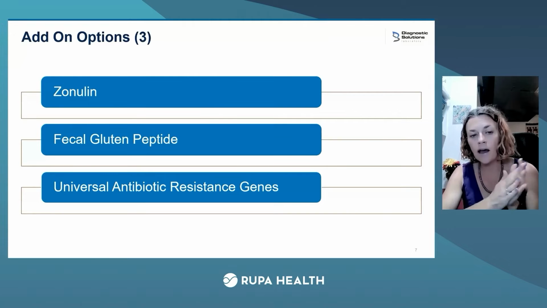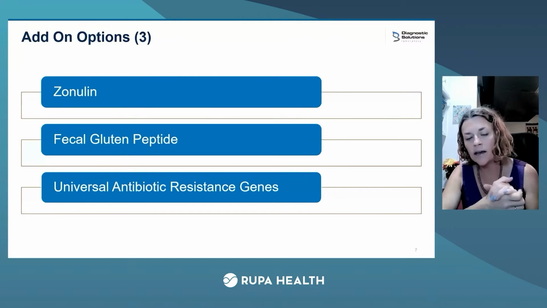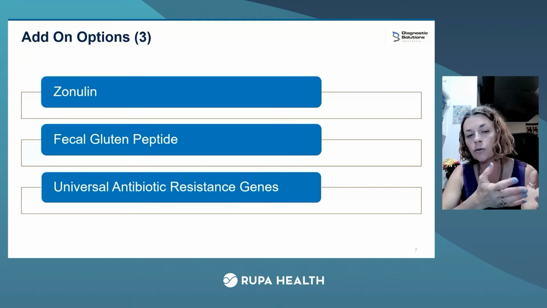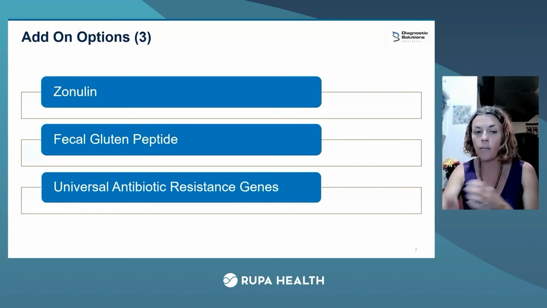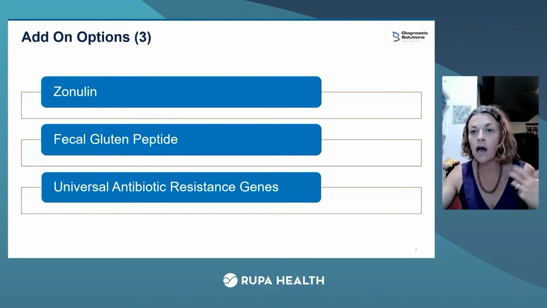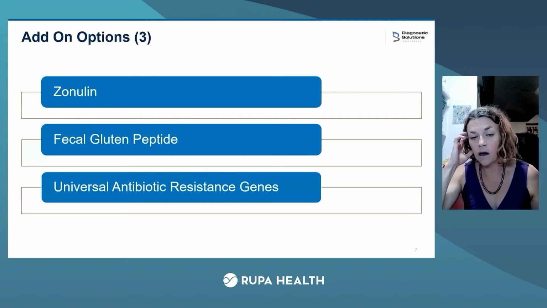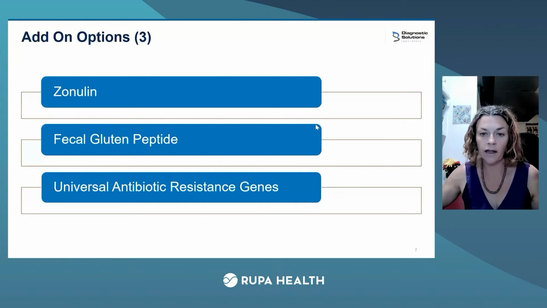And then we also have an add-on of universal antibiotic resistance genes. This is probably less common, less popular, only because, again, it depends on your credentials and scope of practice. Similar to the H. pylori antibiotic resistance, we do offer a panel of universal microbiome antibiotic resistance, again, that can be used in terms of treatment planning and programming.